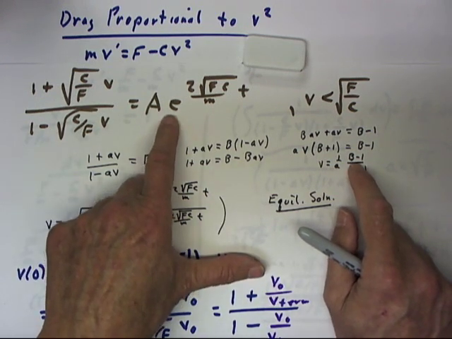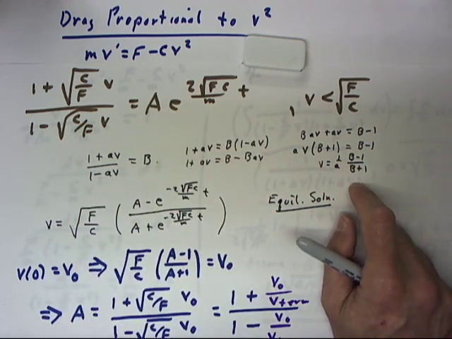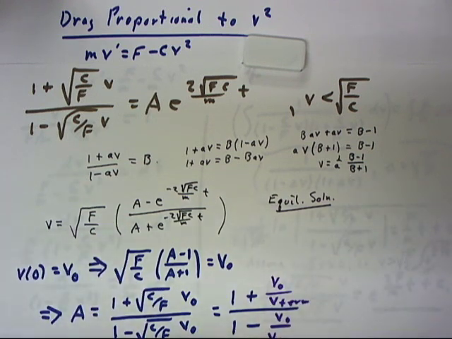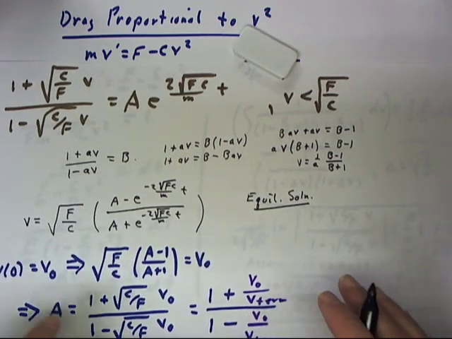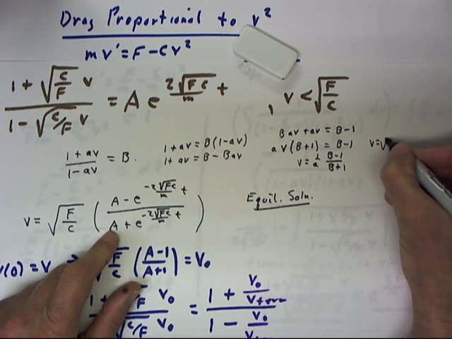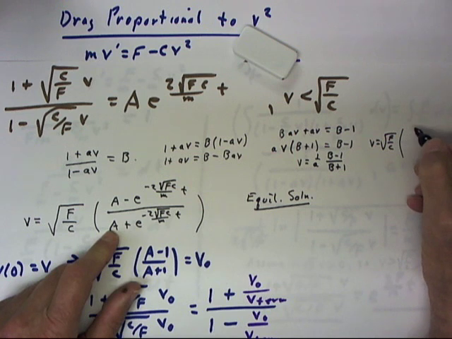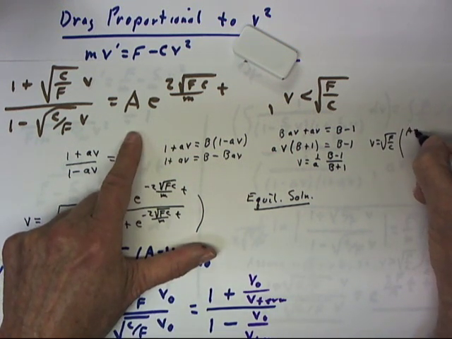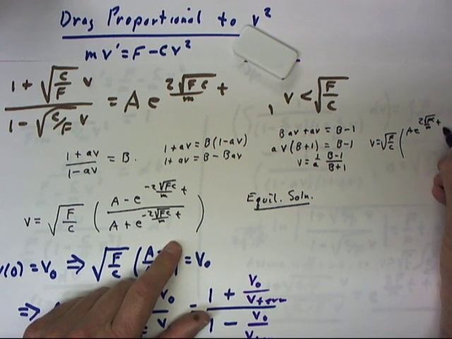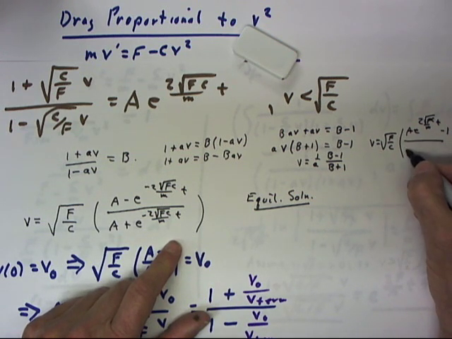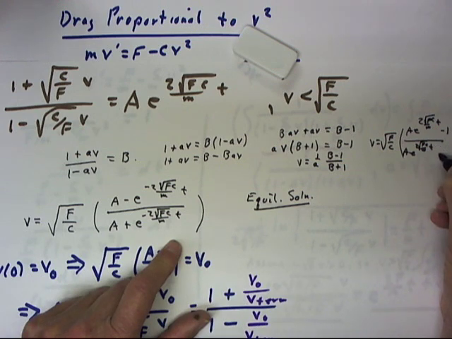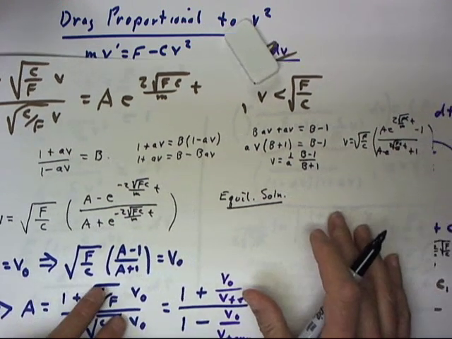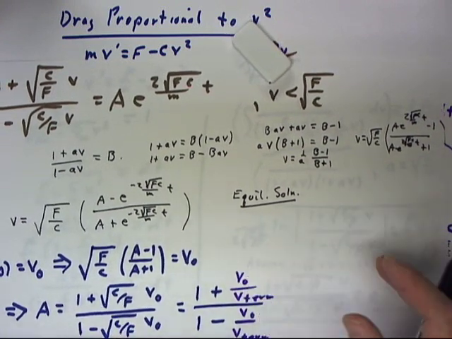Our B is just our A e^(2√(Fc)/m · t), so that the equation will come out in the form v = √(F/c) multiplied by (A e^(2√(Fc)/m · t) - 1) divided by (A e^(2√(Fc)/m · t) + 1), and I'm writing that small and not very neatly because it's not really necessary to see all those details.